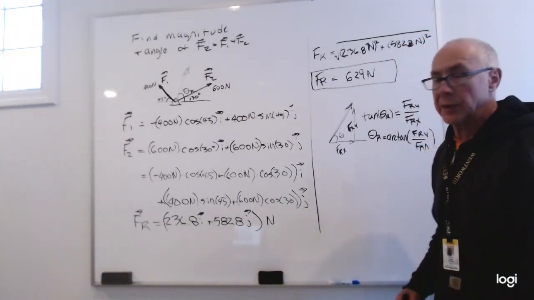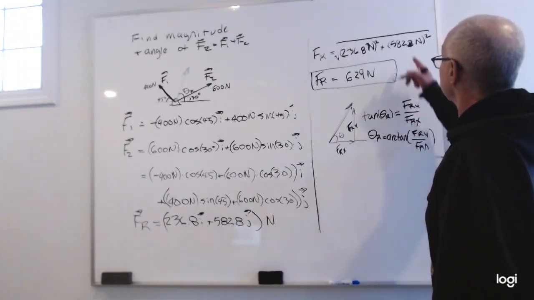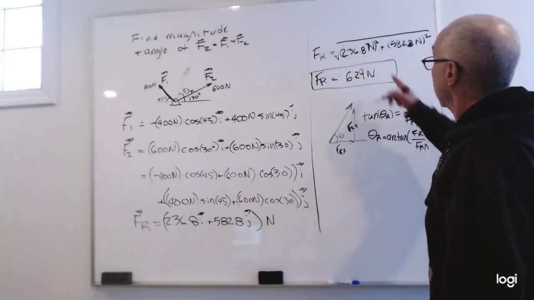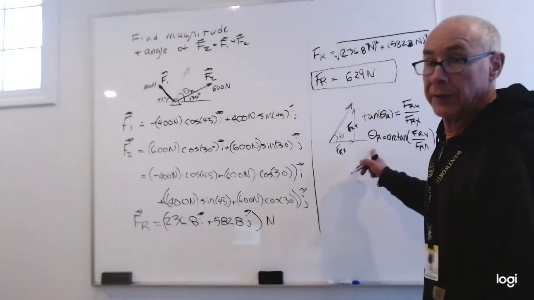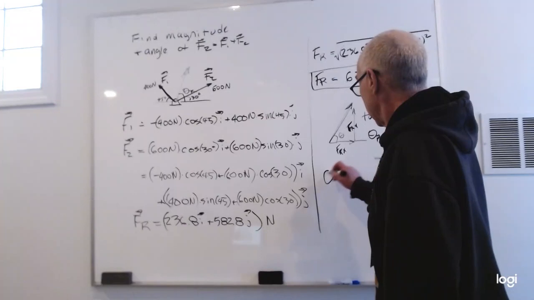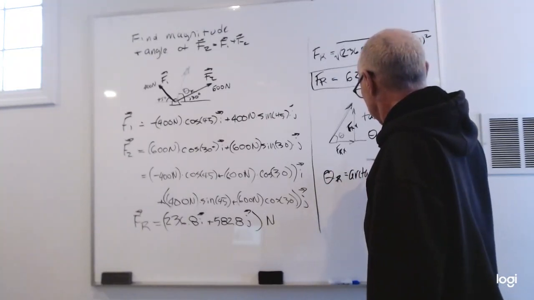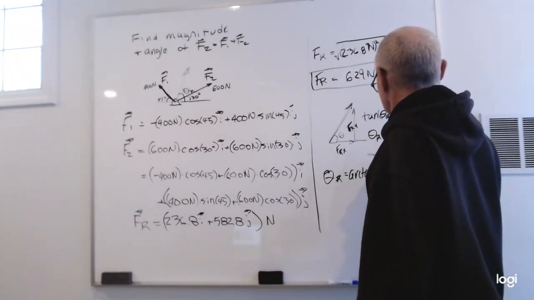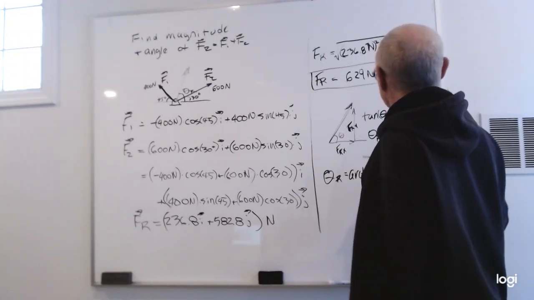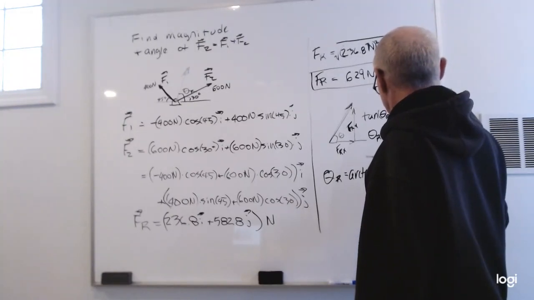So all I'm going to do is substitute in our F_Ry value, which is 582.8, and our F_Rx value in this relationship, and then we can get the value of theta R. So theta R is going to be equal to the arctan of 582.8 newtons over 236.8 newtons.